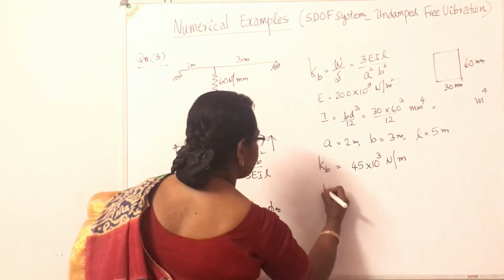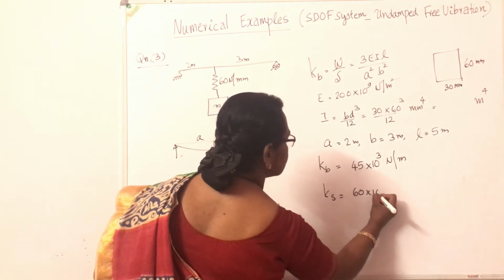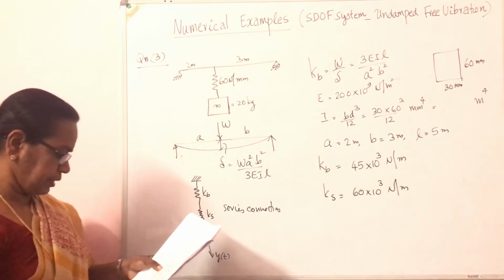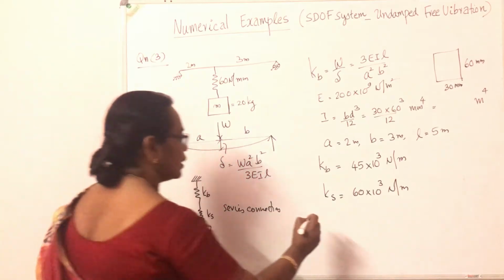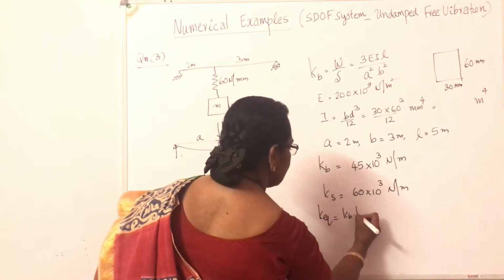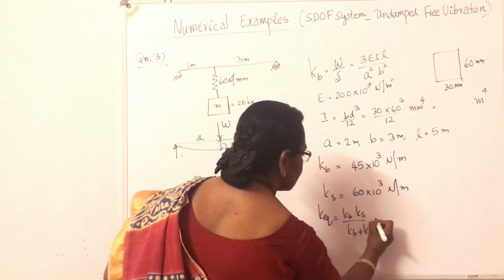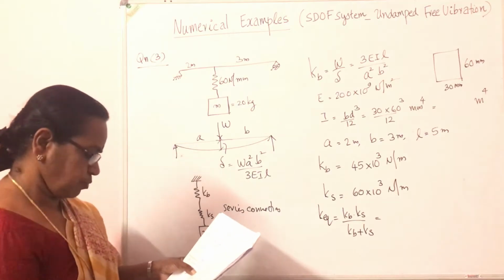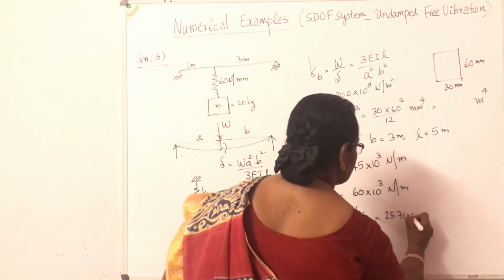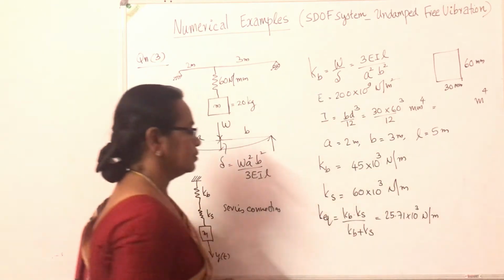The stiffness of the spring is 60 Newton per millimeter, so 60 into 10 raised to 3 Newton per meter. We can calculate the equivalent spring stiffness as Kb into Ks divided by Kb plus Ks. It works out to 25.71 into 10 raised to 3 Newton per meter.